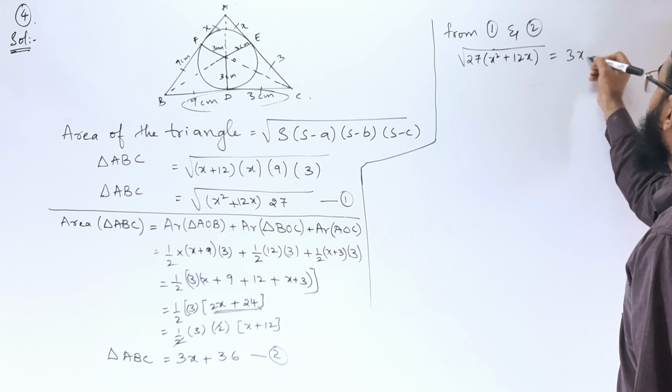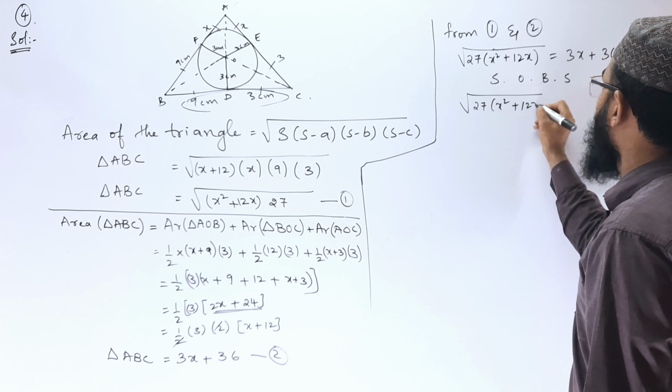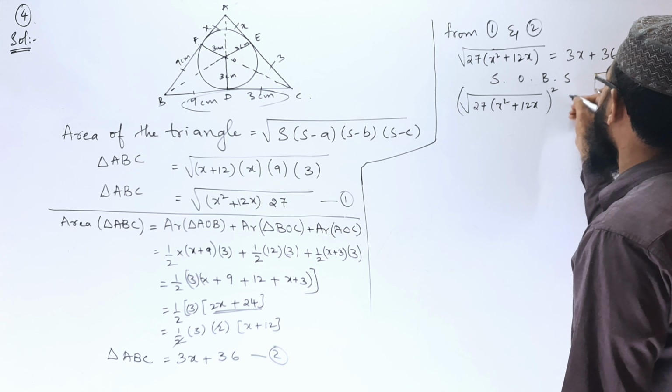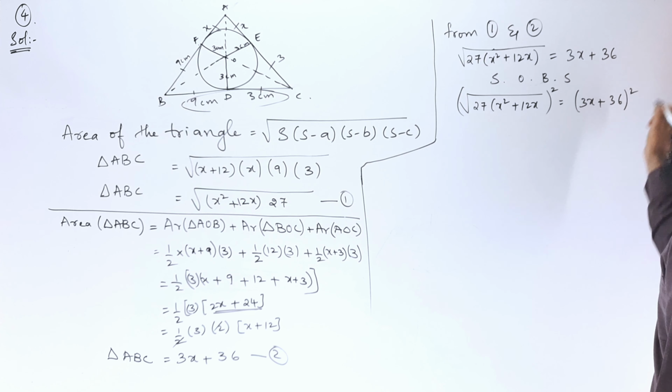To remove this square root, we will do squaring on both sides. X square plus 12x whole square is equal to 3x plus 36 whole square.